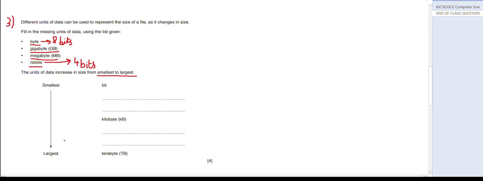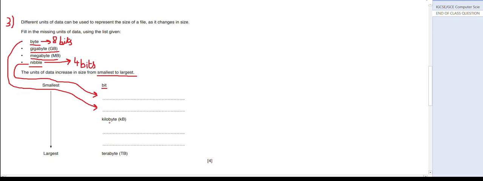Smallest to largest. Now first is given bit. What comes after bit? A nibble. Nibble comes after a bit. What comes after a nibble? A byte, because byte is 4 bits more than a nibble.